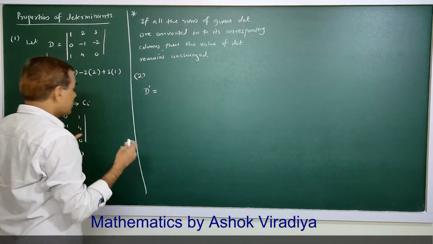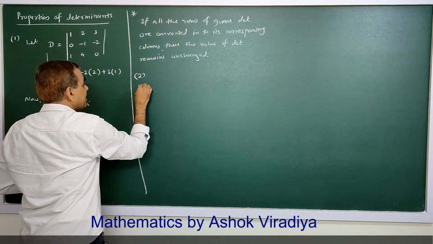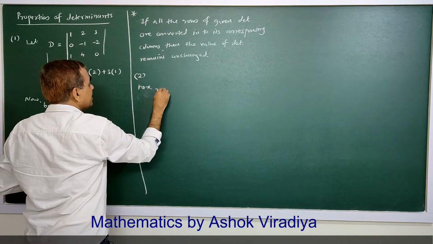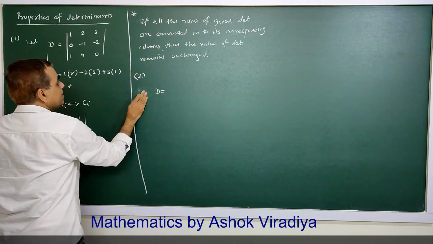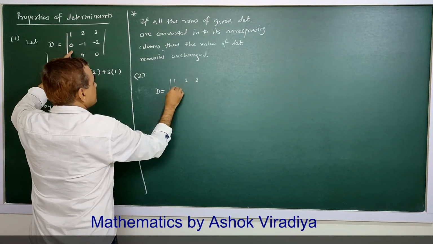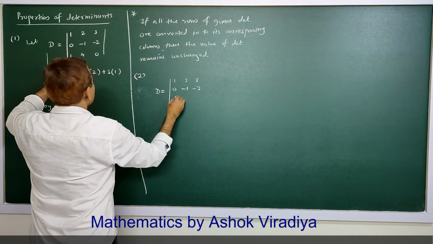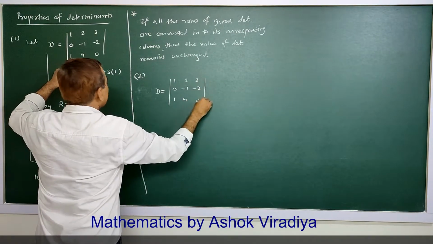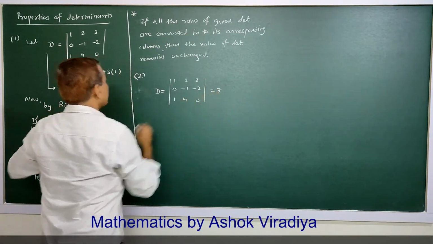Again I am rewriting D, the same determinant. Its value already found, 7.